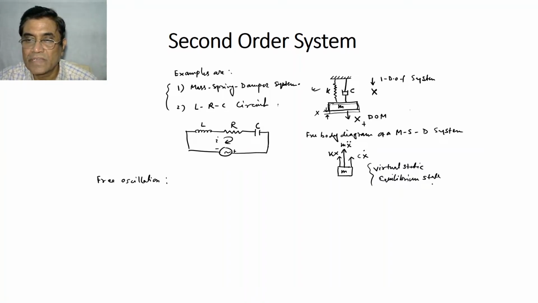When will it reach this virtual static equilibrium state? When you apply on the body mass times acceleration in the direction opposite to the direction of motion. And what is that principle? It is a very well known principle. Yes, you are right. We have applied D'Alembert's principle, very well known.